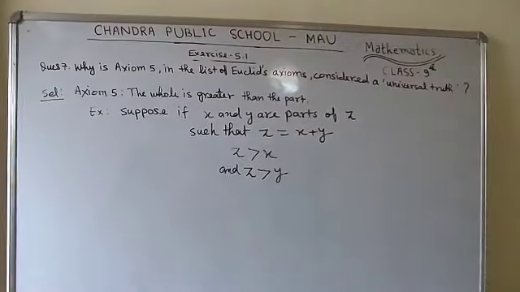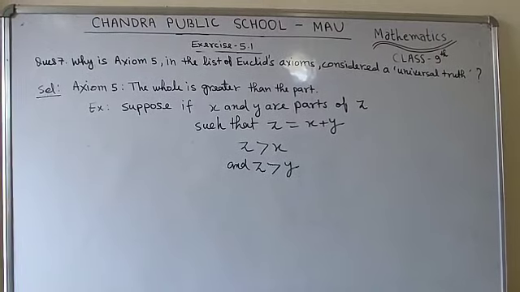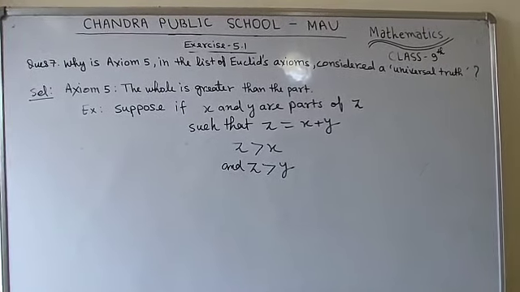So that is the example for question number 7, that why it is taken as a universal truth. The whole is always greater than the part.